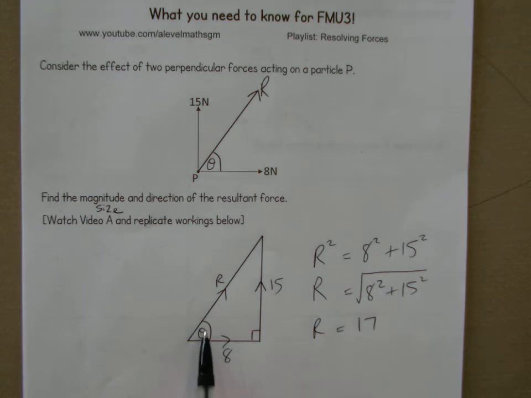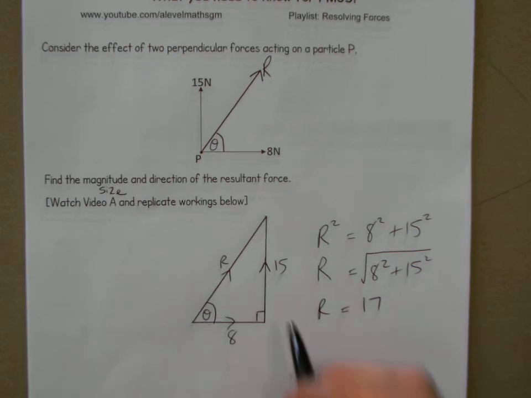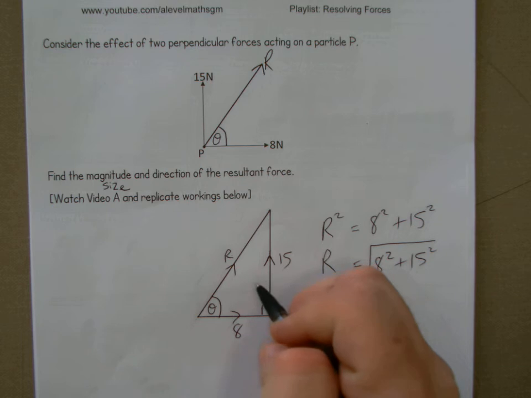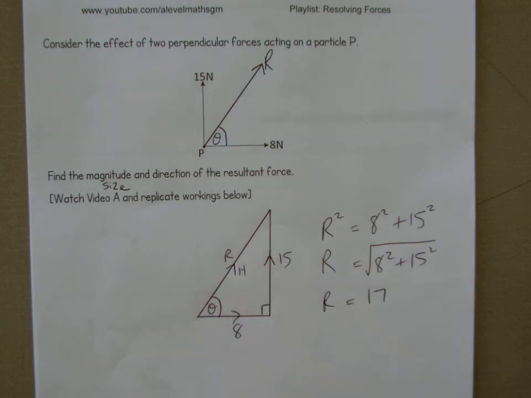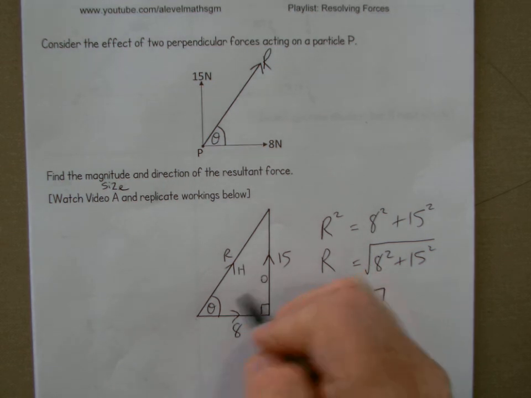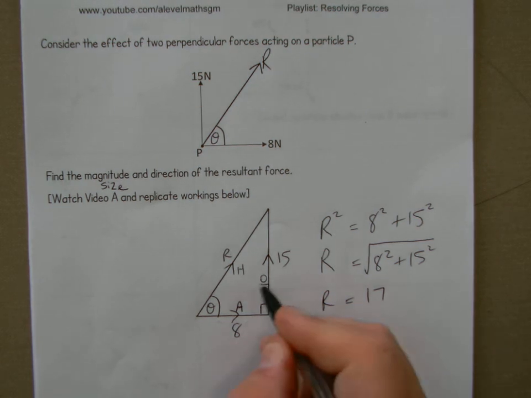Now to work out the direction, it's just that angle, isn't it, to the horizontal. Well, we can think about trigonometry, SOHCAHTOA. So remember with SOHCAHTOA, the hypotenuse is that side, opposite the angle here, and then adjacent is here, next to the angle. So to work out the angle theta, I could just use these two, couldn't I?